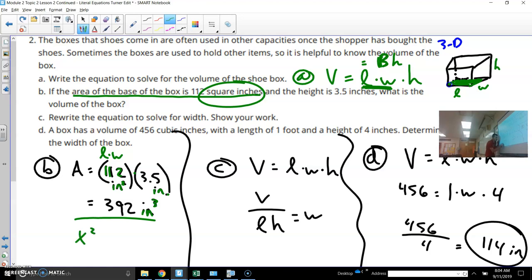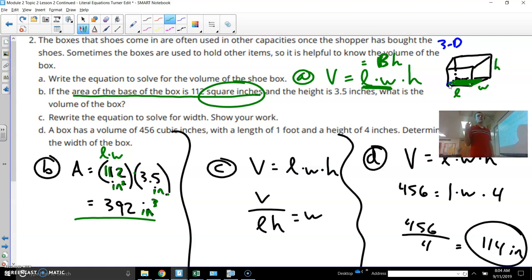Just like x squared times x would be x to the 3rd. Same concept here. You are adding to the dimension level here. And so we have to say that that's not in inches, that is in cubic inches. So that doesn't mean you cube 392, it's just that inches cubed tells you that that represents volume.